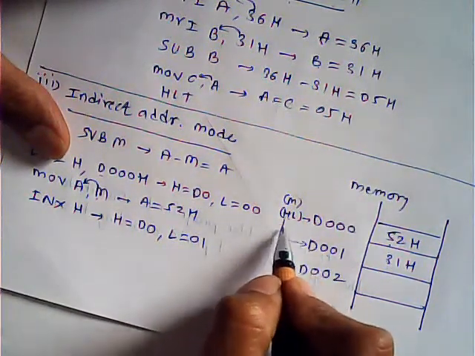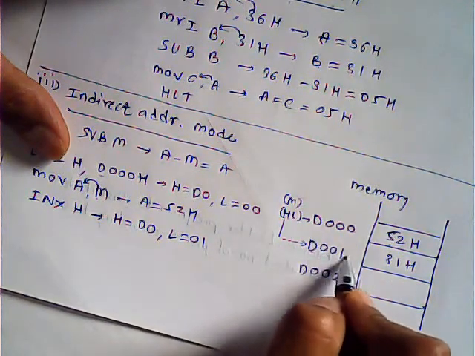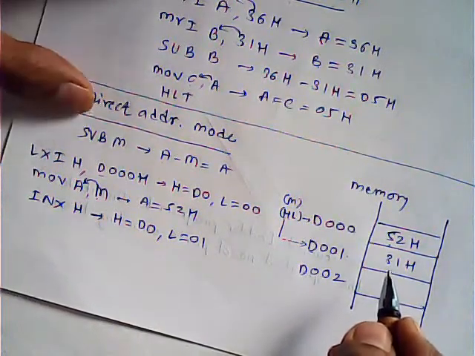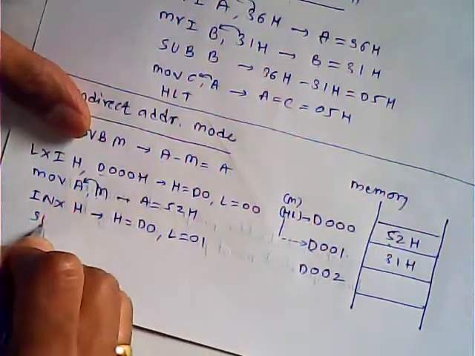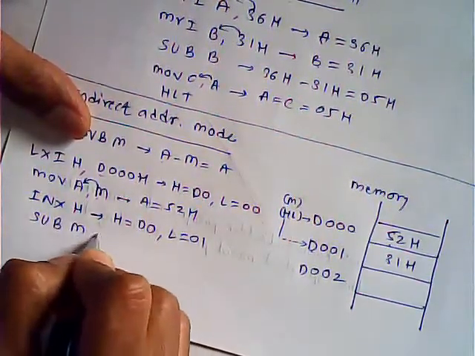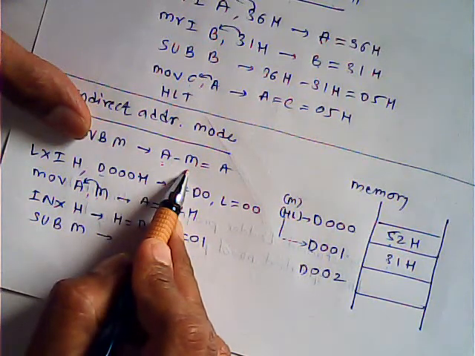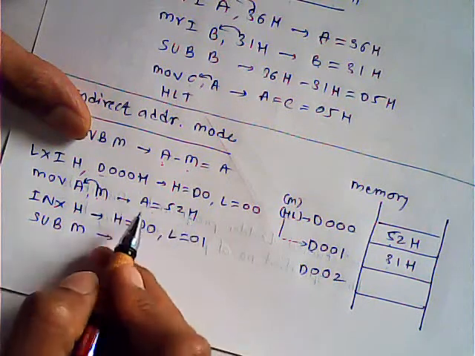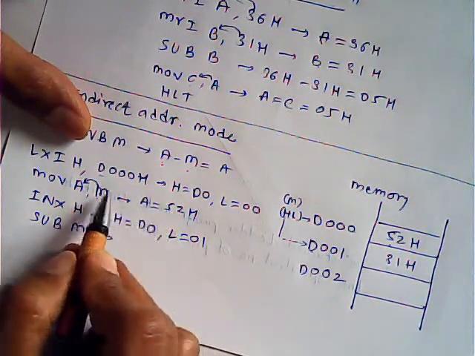Now the memory pointer is pointing to the address D001, where 31 hex is available. So now we can use the SUB M instruction: accumulator content minus memory pointer content. In the accumulator we have 52x because we already copied it from the memory in the previous steps.